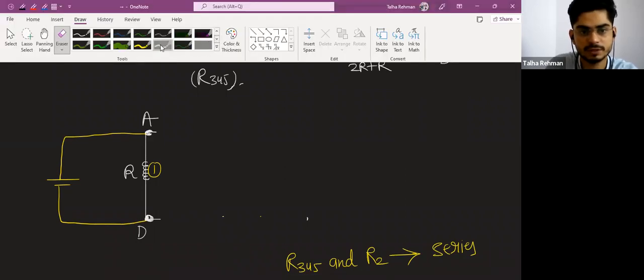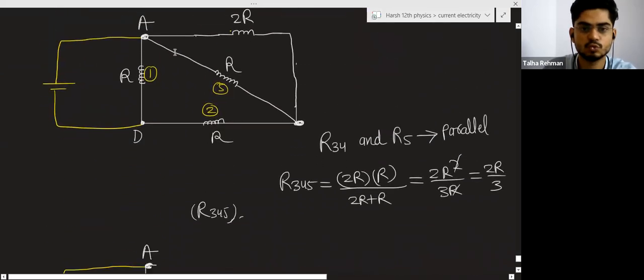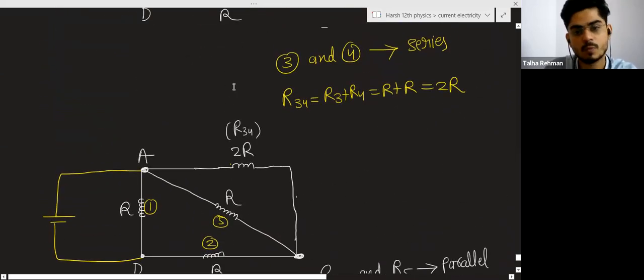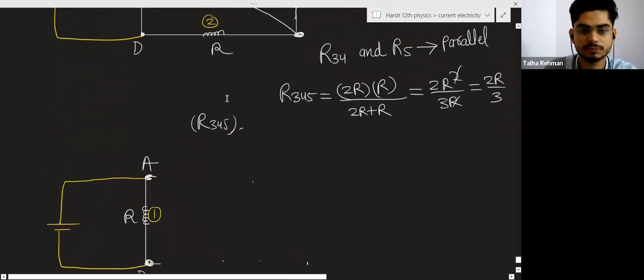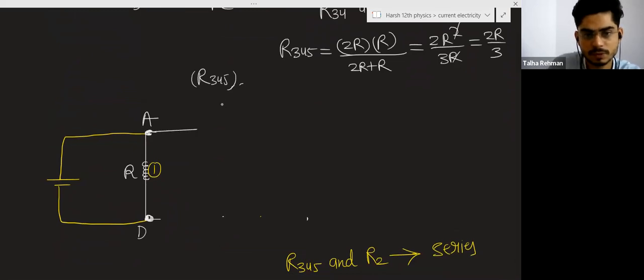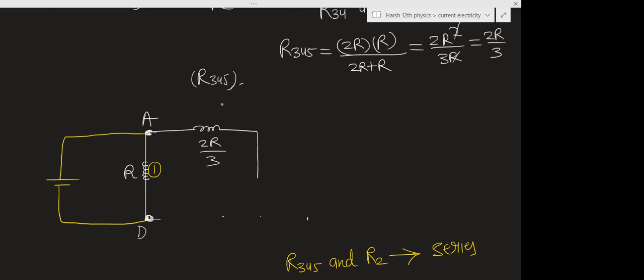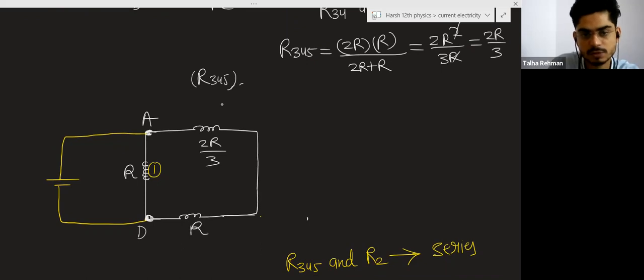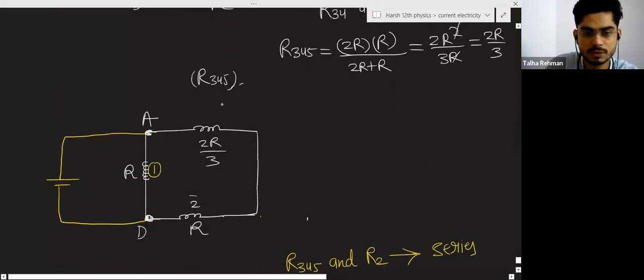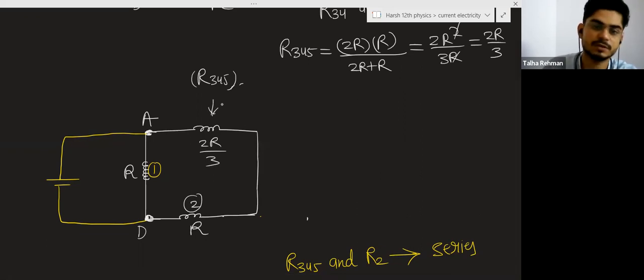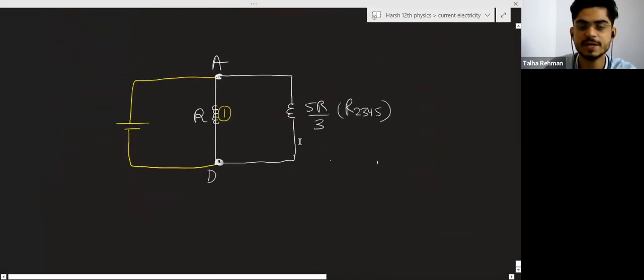So we can write this as 2R by 3 and R. This is 2R by 3 and this is R, and I have given it the name R2, and this is named R345. Now I have just modified the circuit again.